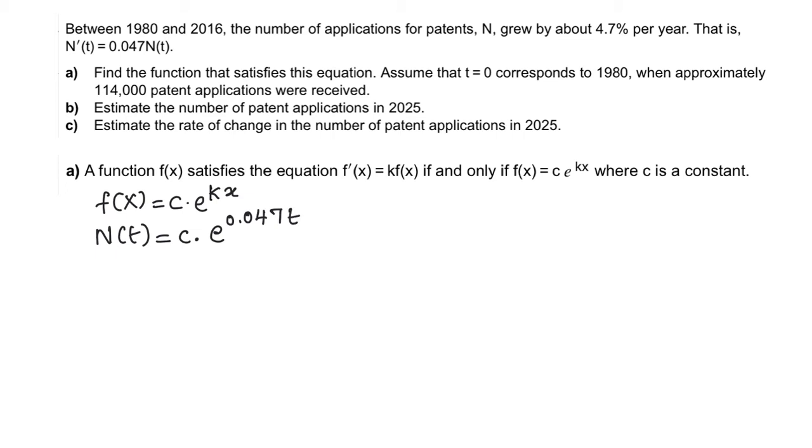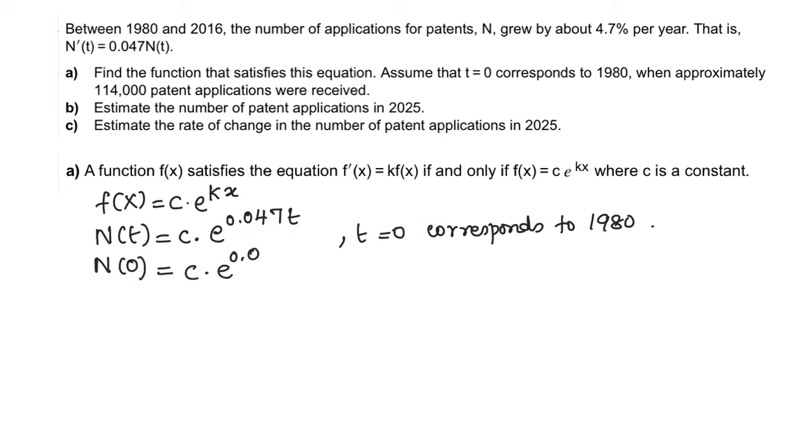So this is a function in terms of t, where t = 0 corresponds to 1980. So if I substitute 0 for t, I'll get c times e^0. This is given, right?